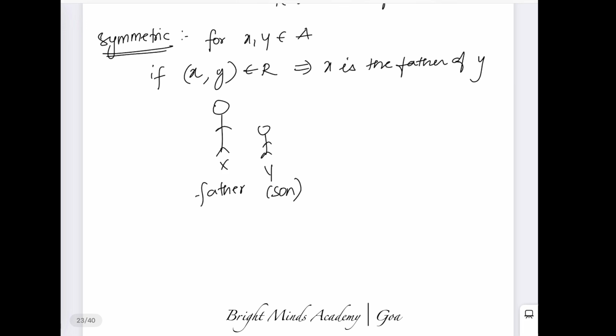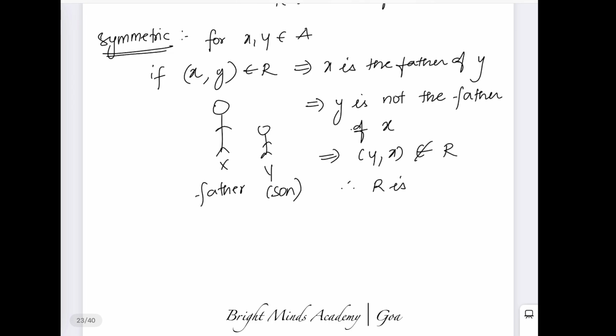Now the other way around is not true, because Y is the son, Y cannot be the father. This implies that Y is not the father of X. This implies that Y comma X do not belong to the relation R, therefore R is not symmetric.